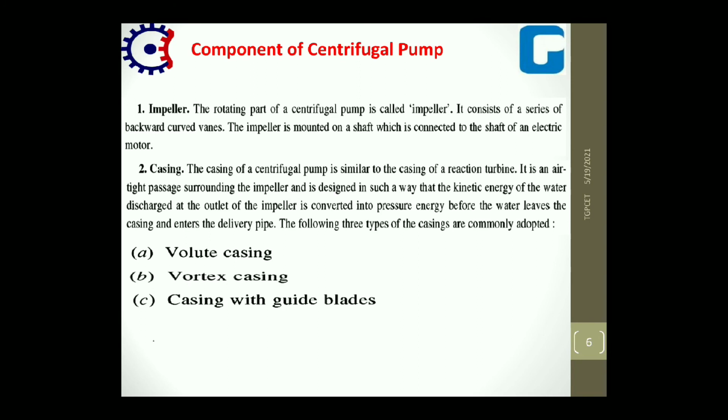Also, the area of the guide vanes increases, thus reducing the velocity of flow through guide vanes and consequently increasing the pressure of the water. The water from the guide vanes then passes through the surrounding casing, which in most cases is concentric with the impeller. This is called casing with guide blades. So see here, impeller, casing.